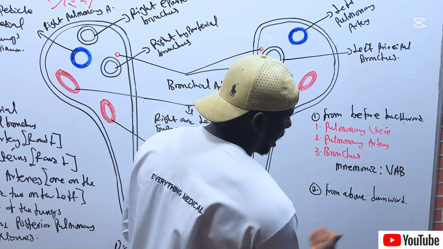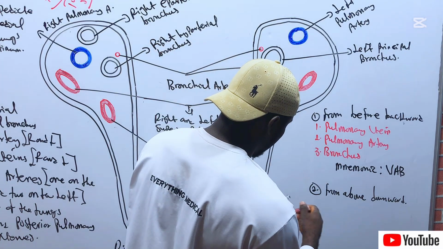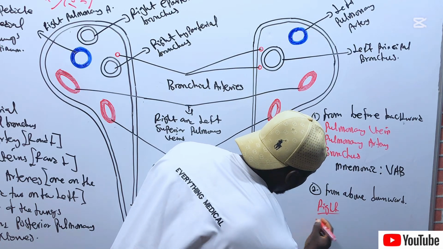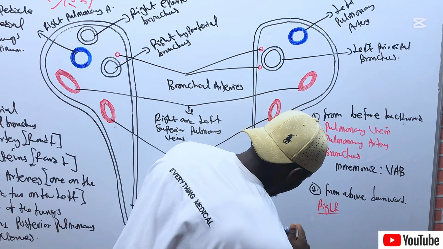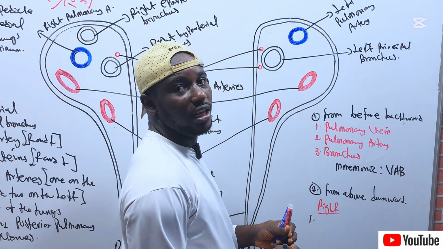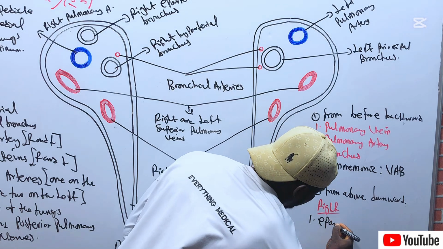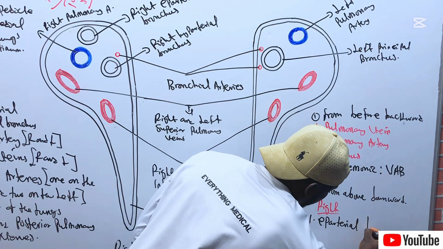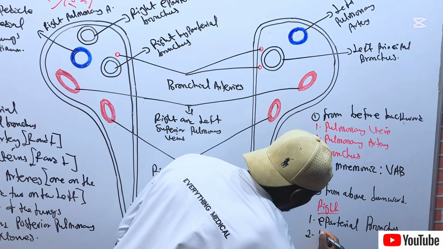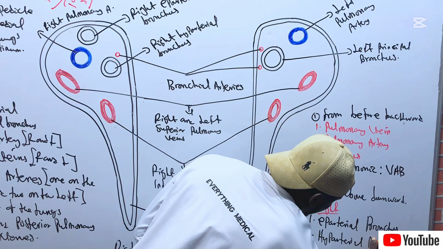Now, from above downward, we have the right and left. On the right, number one is the epithelia bronchus. Number two is the epithelia bronchus.